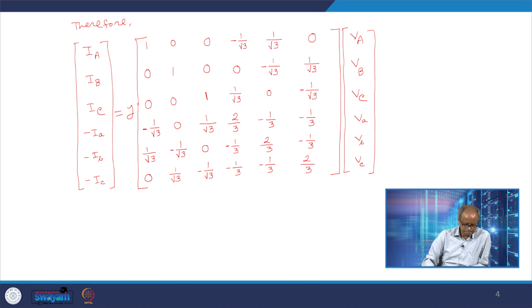So you see, therefore, if I now do the partition, so I have done the partition. So this is y1, this is y2, this is y3, and this is y4.